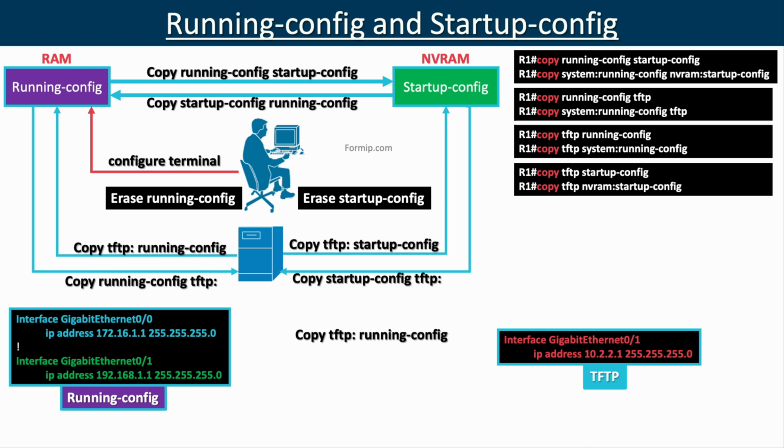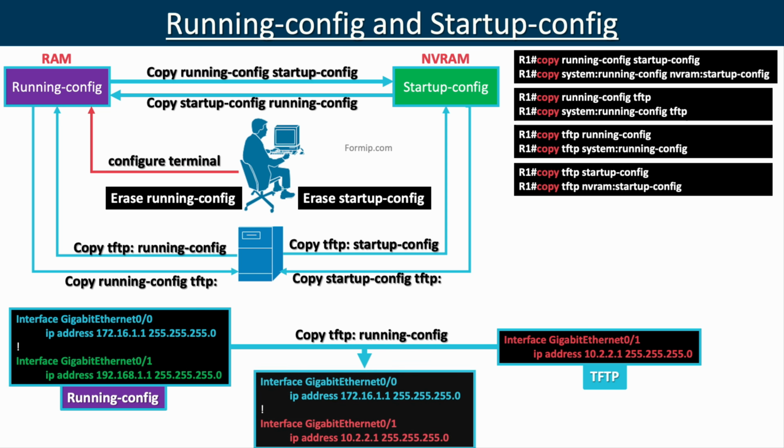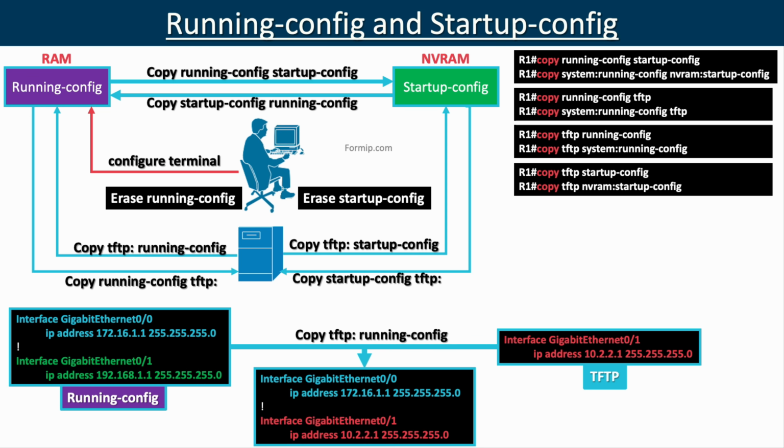If you place the command copy tftp running-config, well, the IP of the GigabitEthernet 0/1 interface will be changed to 10.2.2.1. But on the other hand, the GigabitEthernet 0/0 remains unchanged because it was not configured on the TFTP server.